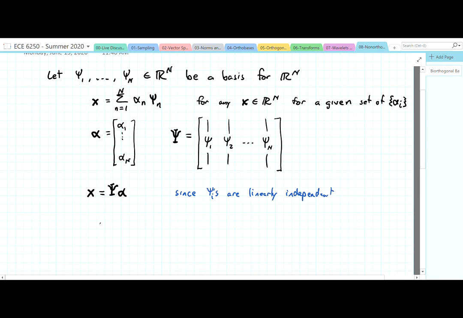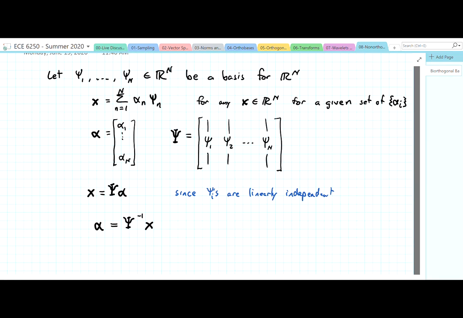Now basically alpha is equal to psi inverse times x. So how do we interpret this?